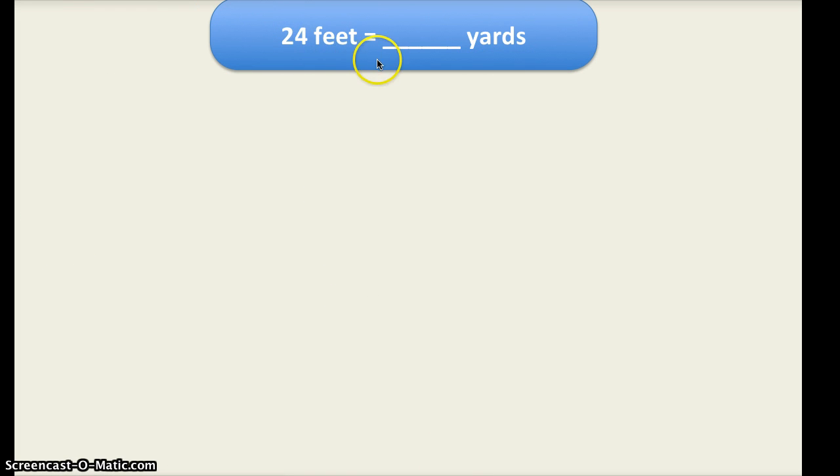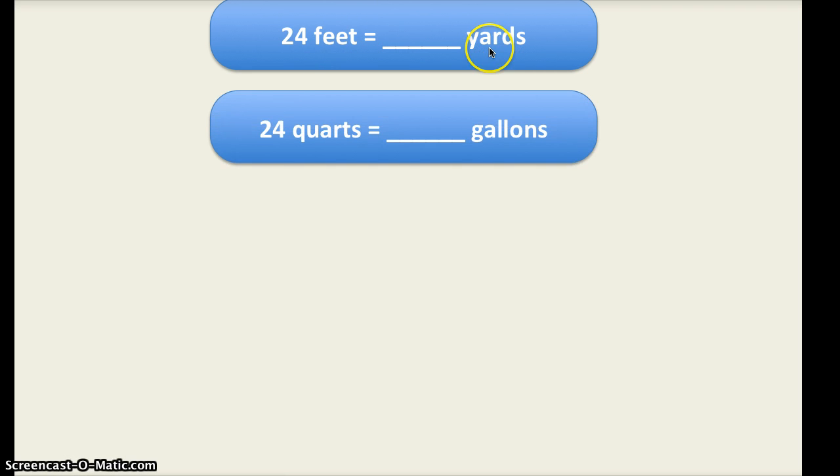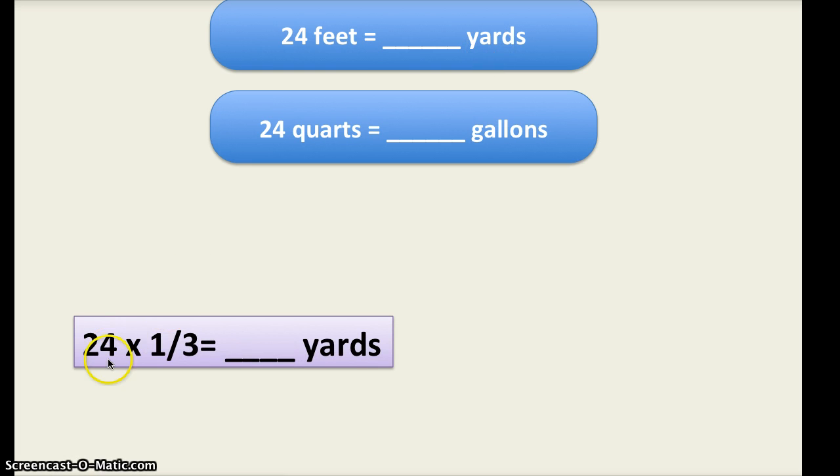So 24 feet equals how many yards? I want you to think about how feet and yards are related. There are 3 feet in 1 yard, so 24 times 1/3, which is like saying 24 copies. 24 feet times 1/3, because a foot is 1/3 of a yard.